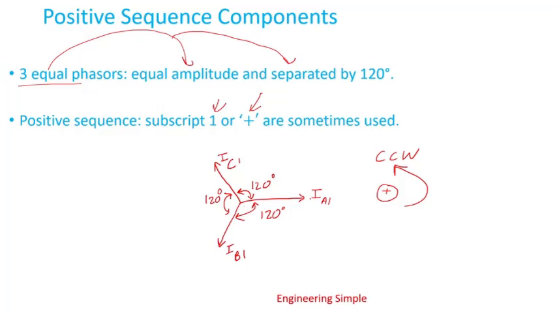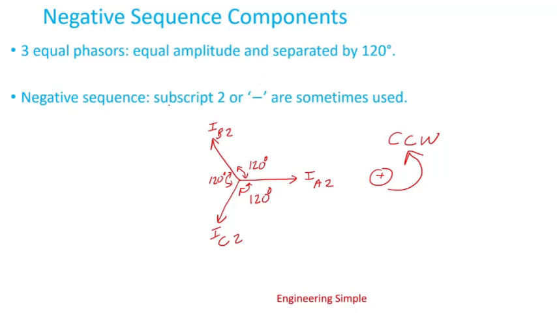So if you look at phase A, the positive sequence of this current, I'm just using current as an example, you can do voltage or anything else. So IA1 as a reference, then IB1 is 120 degrees away from it, and the same thing for IC1, and so on. And I'm assuming counterclockwise rotation.